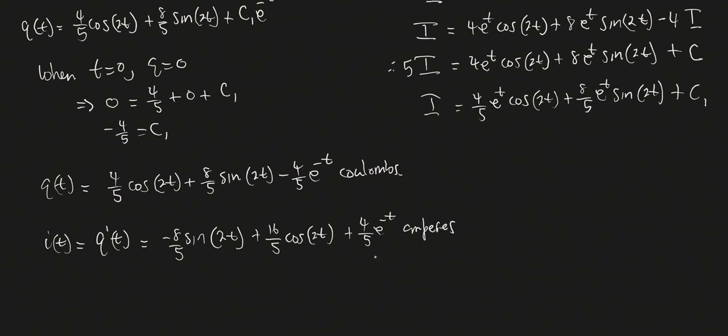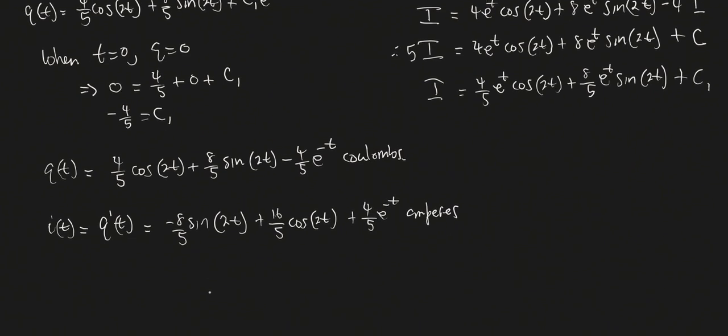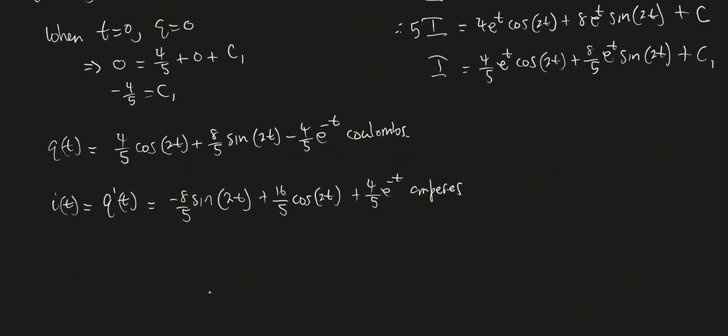So this is now my current function for this particular RC series circuit. And I will just identify a couple things. Remember, previously we talked about how the current is interpreted as the response, and we can look at the terms to see what's the long-term behavior of each of these terms.